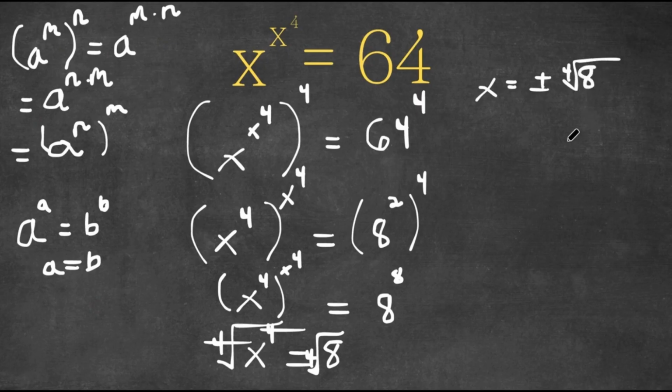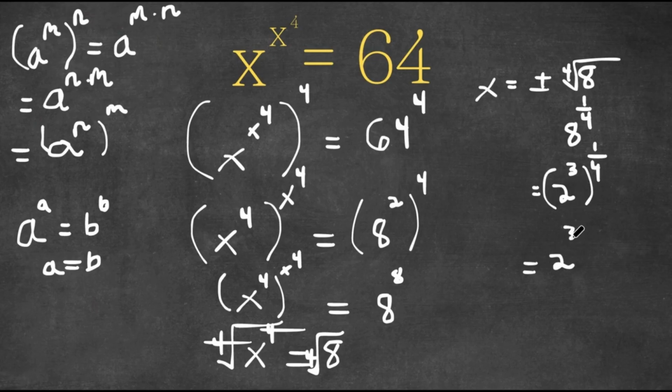And this can also be written as 8 to the power of 1/4. And this can also be written as 2 to the power of 3 to the power of 1/4. And remember, we multiply m with n, so this is equal to 2 to the power of 3/4. So this is our answer.